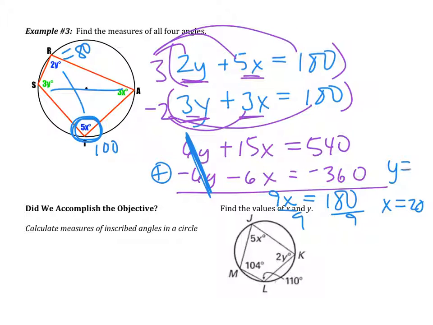So y is going to equal 40. Let's test it out with the greens. 3 times 40 would give us angle S is 120. And then 3 times 20 would give us 60. Does it work out that the opposite angles add up to 180? Oh, yes. 120 plus 60 and 100 plus 80. It works out. Okay? All right, since we struggled with that one, let's do one more.